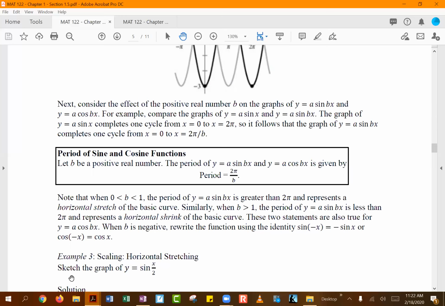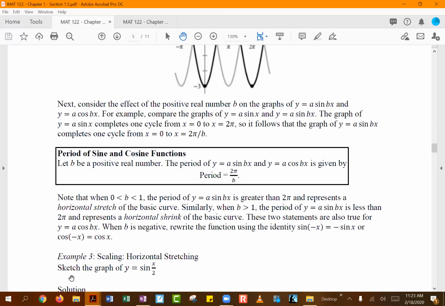And that's actually going to reflect on what the period of those functions is going to be, because we take the period of 2 pi, which is what our cosine and sine functions have as their period, right? And then you divide it by the value of b. So if the b value is greater than 1, you are going to see a horizontal shrink. If the b value is between 0 and 1, you're actually going to see a horizontal stretch.